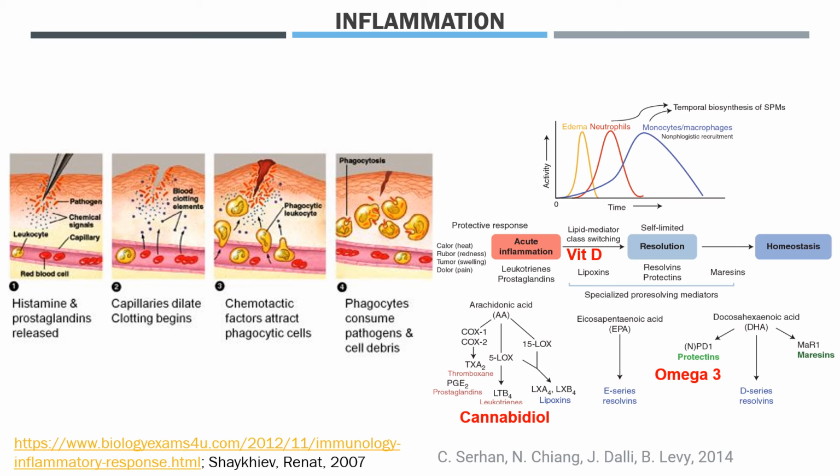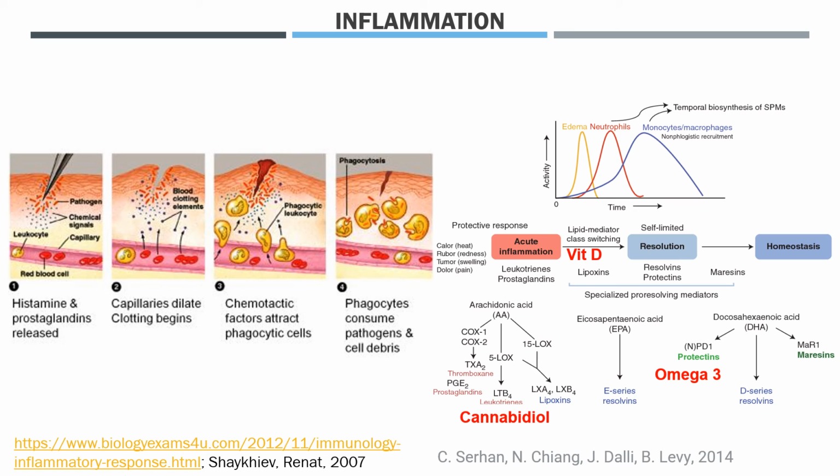These resolvins and protectins, or resolution proteins and lipids, are derived from omega-3 fatty acids, specifically eicosapentaenoic acid and docosahexaenoic acid. So as these molecules are being released, the inflammation is being resolved in the body and we are trying to go back to normal.